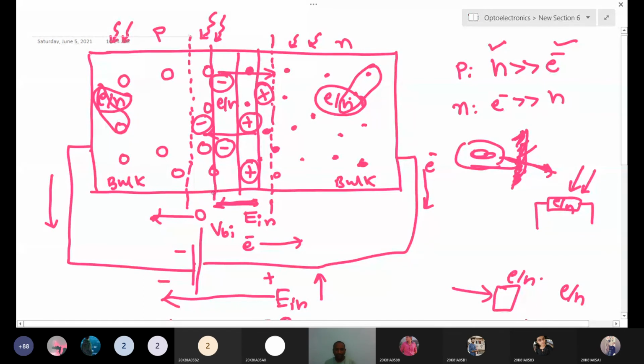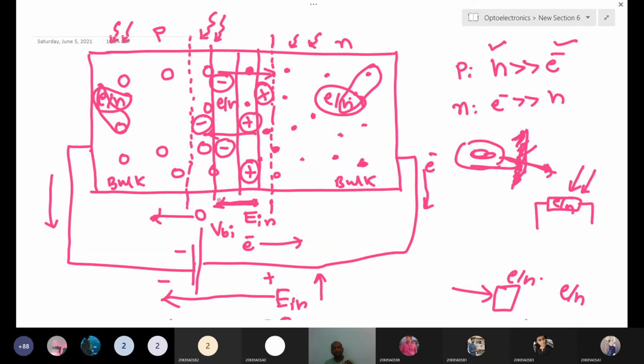Because of this, the potential barrier height, or built-in potential, also increases. That is what happens at the space charge region. Because of this internal electric field, the drift process will dominate.